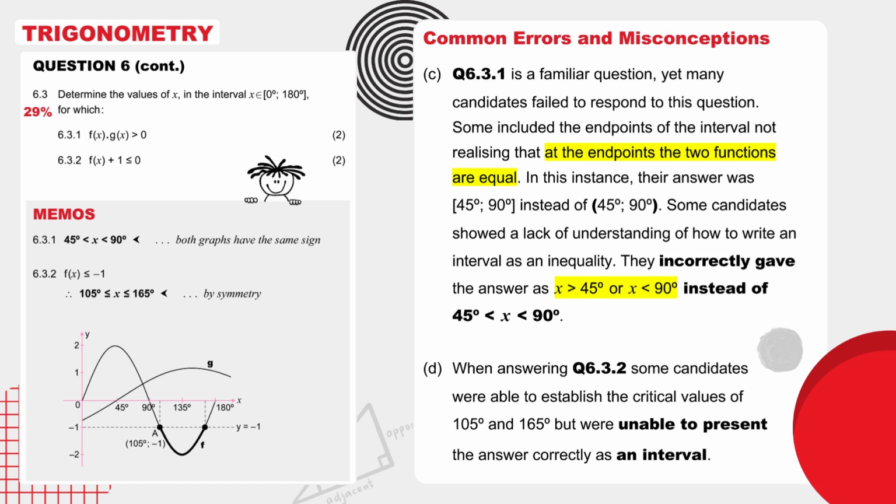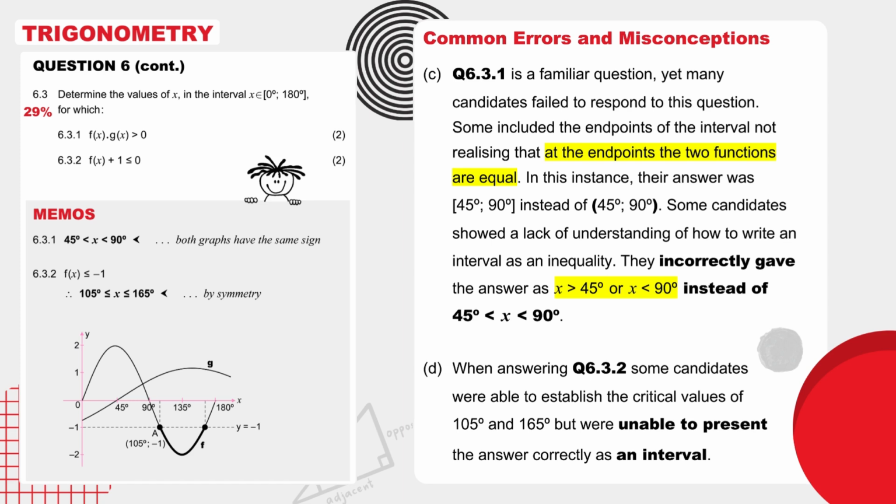Question 6.3.1 is a familiar question, yet many candidates failed to respond to this question. Some included the endpoints of the interval, not realizing that at the endpoints the two functions are equal. In this instance, their answer was 45 to 90 with square brackets instead of round brackets. Some candidates showed a lack of understanding of how to write an interval as an inequality.